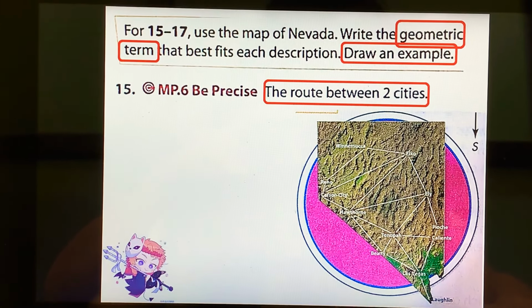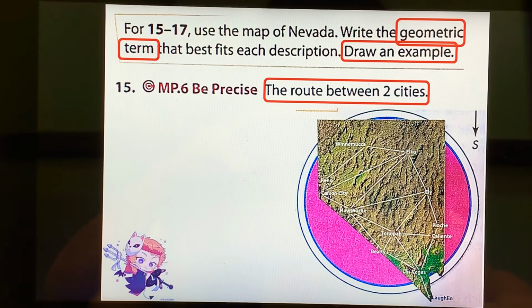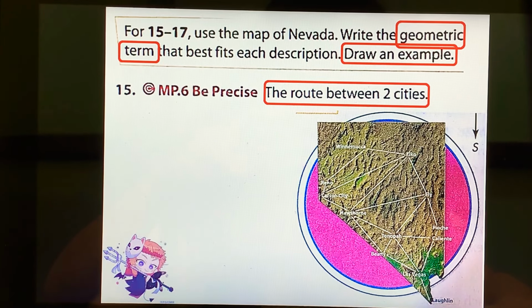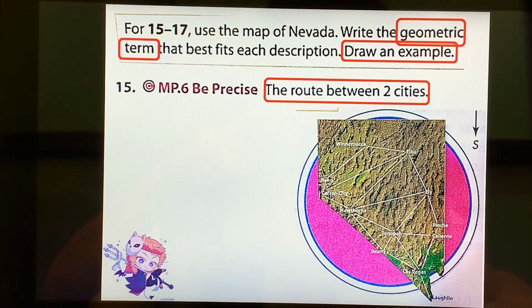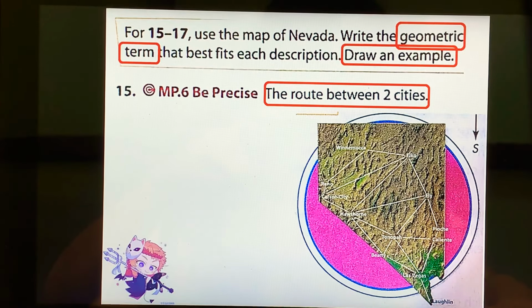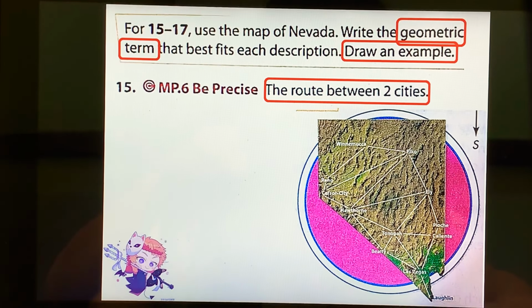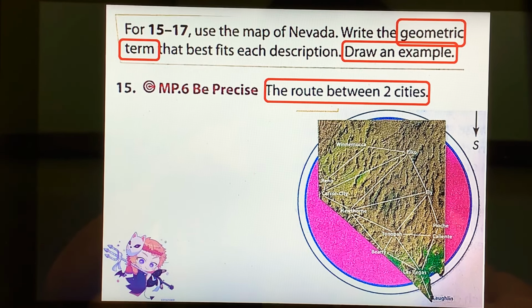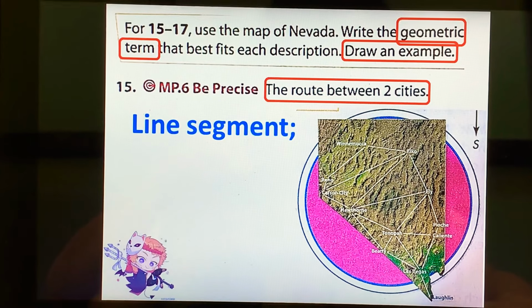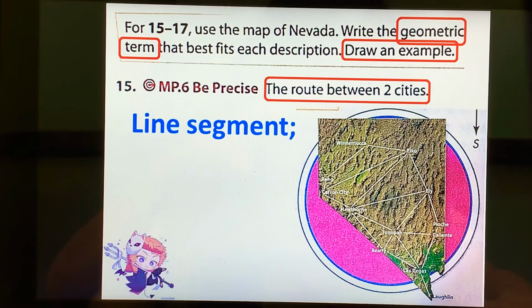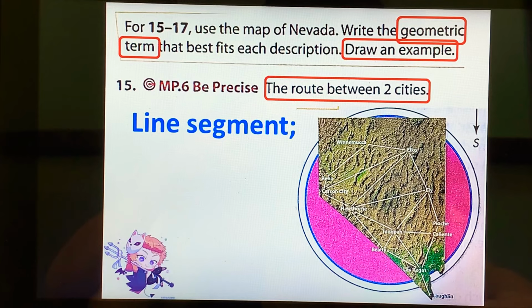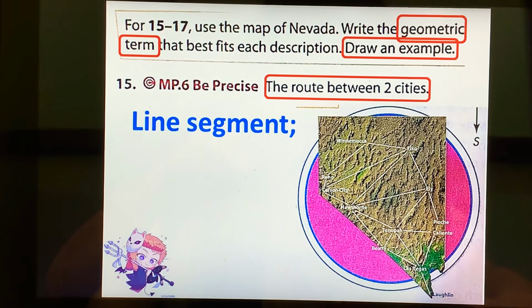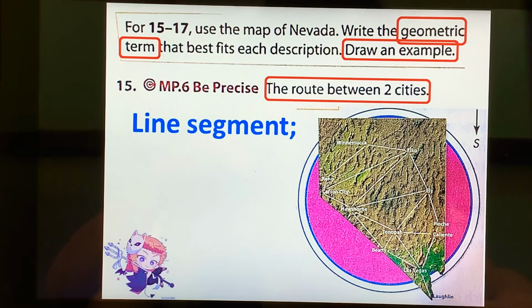The route between 2 cities. 任意2个城市之间的路线，它是属于哪一个几何的名称呢？The answer is line segment. 因为两个都市就是 endpoints，中间这个路线就是两点之间连起来，所以是线段。Draw an example.